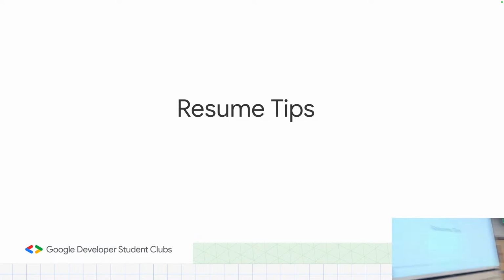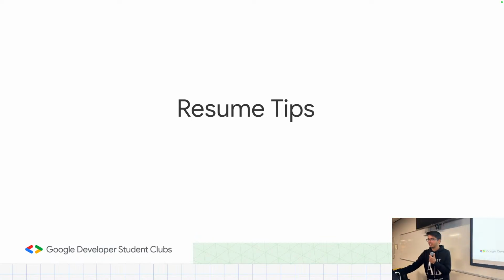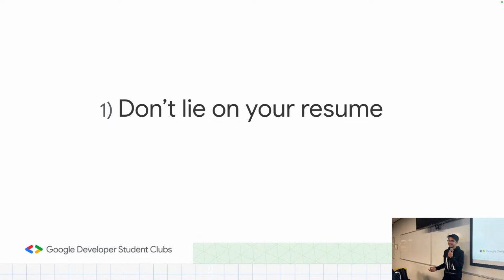First things first: don't lie on your resume. A lot of people do that. Sometimes it happens accidentally, like you took an intro MySQL course, and you put SQL on your resume. Don't do that. How do you decide when to put a skill on your resume?